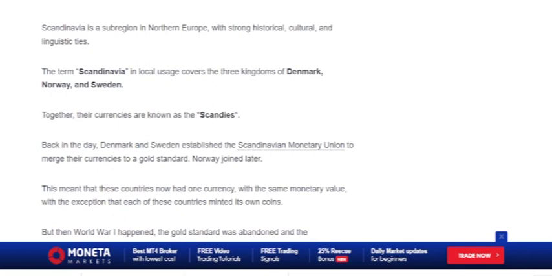The term Scandinavia, in local usage, covers the three kingdoms of Denmark, Norway, and Sweden. Together, their currencies are known as the Scandies. Back in the day, Denmark and Sweden established the Scandinavian Monetary Union to merge their currencies to a gold standard.